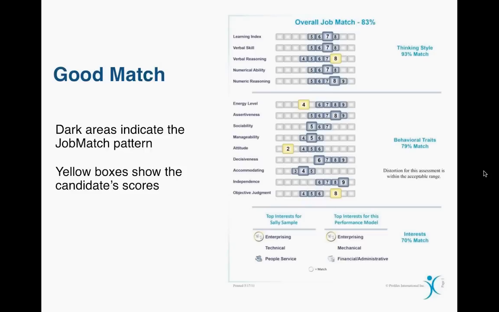The shaded areas indicate the job match pattern aggregated from your top and bottom performers, and the job match pattern shows the requirements for the job in your company and in every position that you have identified based on your top performers. Now, this is an example of a good match.